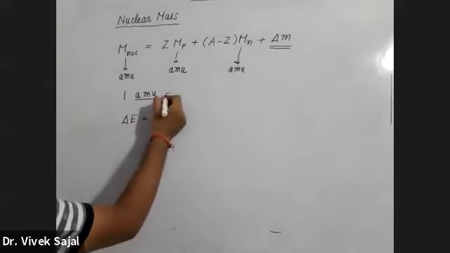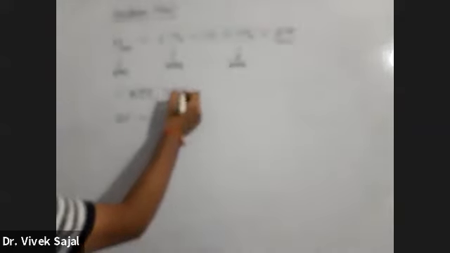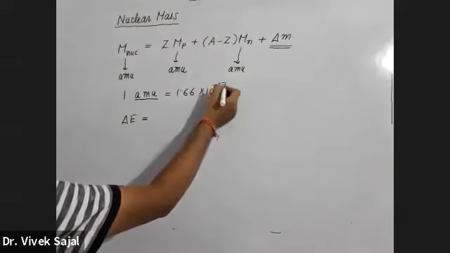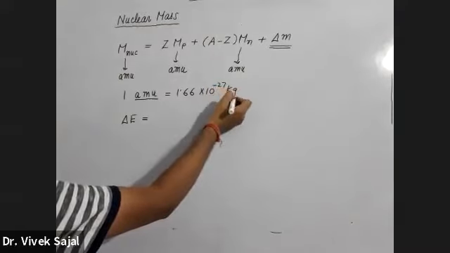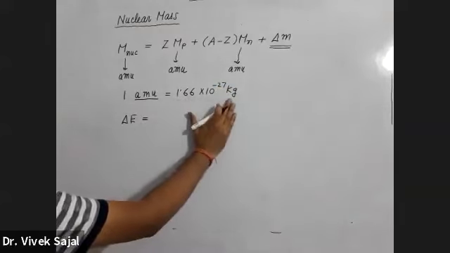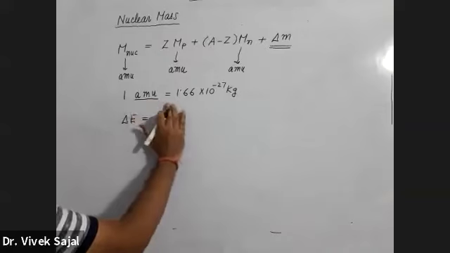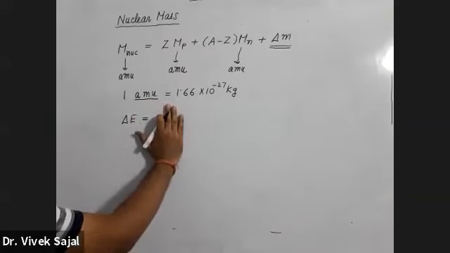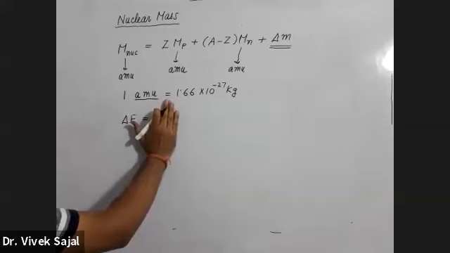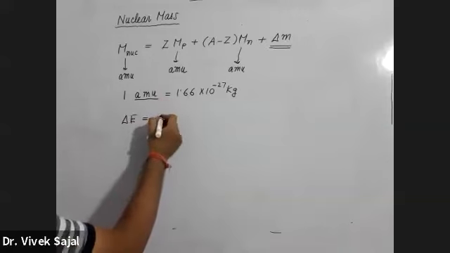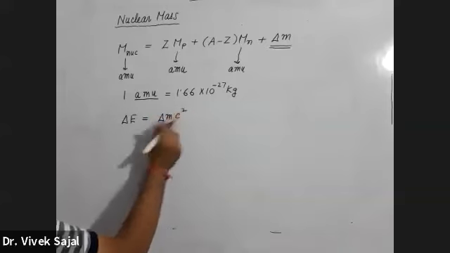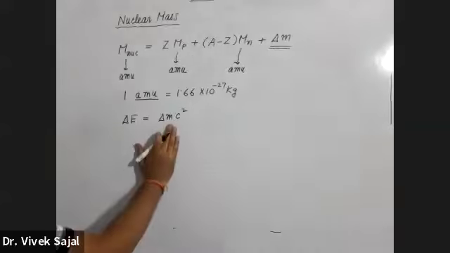One AMU is how much? 1 AMU is equal to 1.66 into 10 to the power minus 27 kg. So this is the unit for mass. Now I want to convert this mass into energy using the Einstein formula, delta M C square, the mass-energy conversion formula.